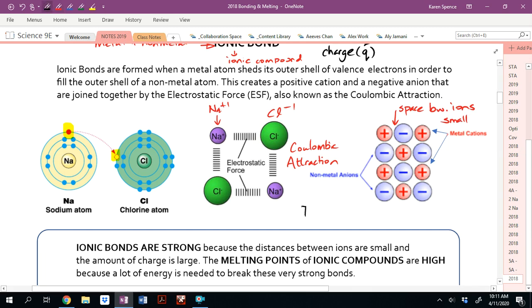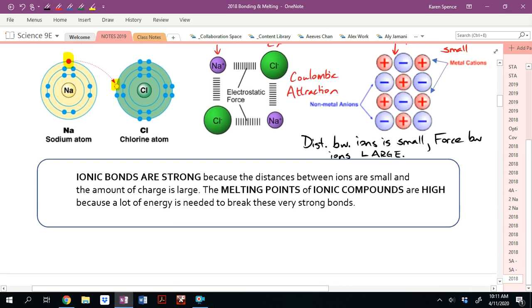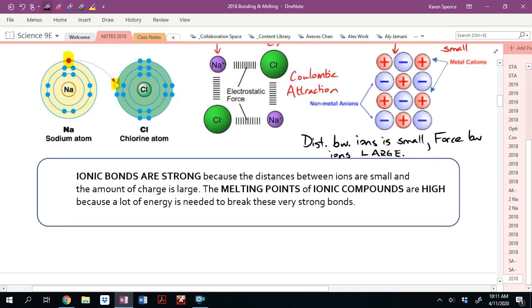So if the distance between the ions is small, the force between the ions will be large. Ions are generally small, so the distance between the ions is small, so the force between them is large.